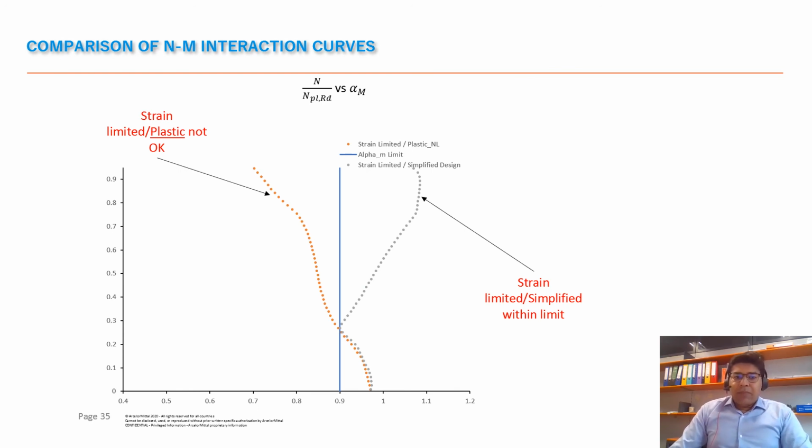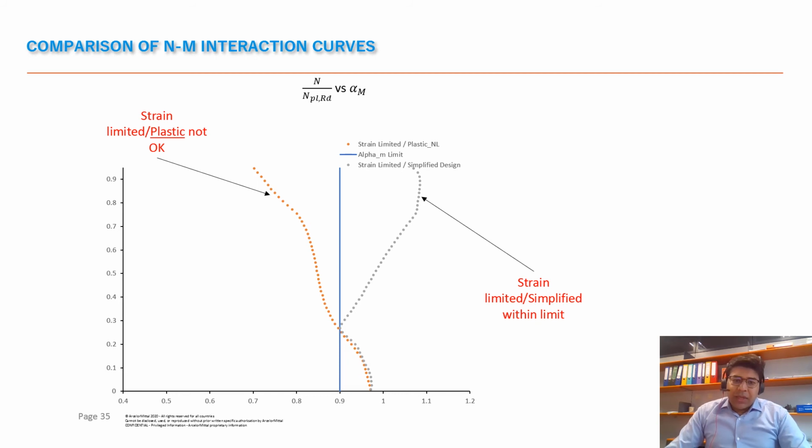These alpha M values are then represented on a curve showing the limitation set by Eurocode. And as you saw in the previous slides, Eurocode defines a value of 0.9 when using a steel grade of up to 355, and 0.8 when using a steel grade of 460.